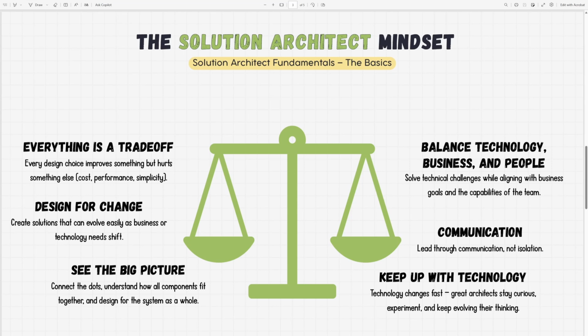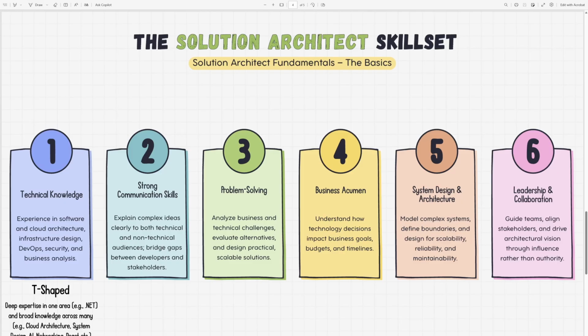Now, let's take a look at the solution architect skill set. So what skills does a solution architect need? First, technology knowledge. Experience in software and cloud architecture, infrastructure design, DevOps, security, and business analysis.